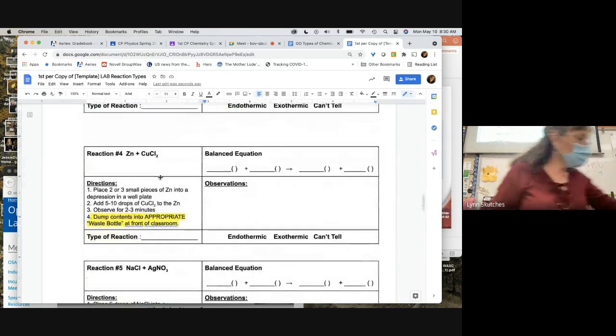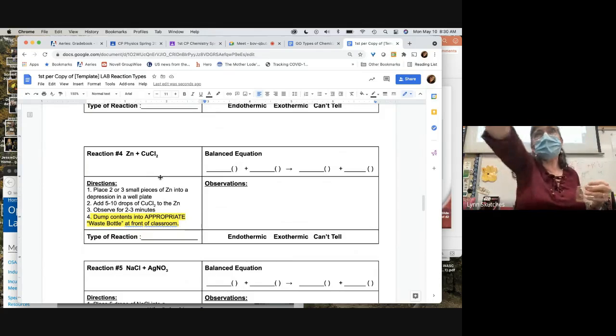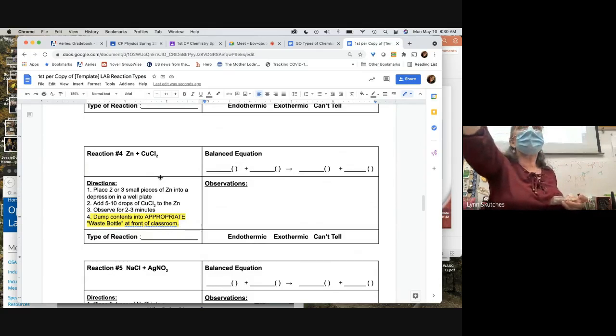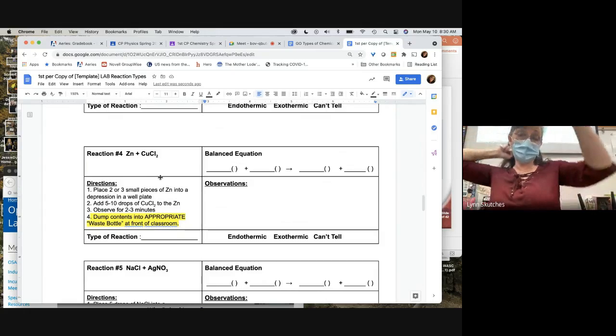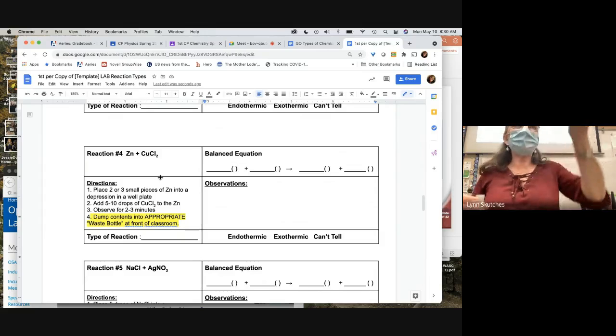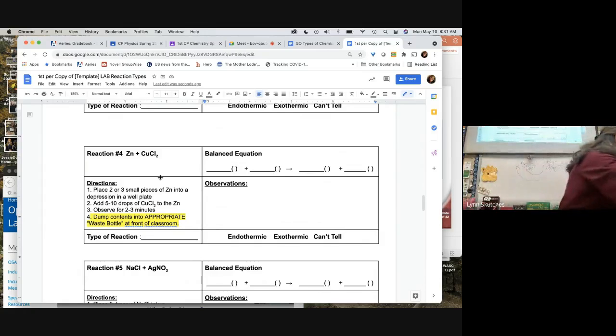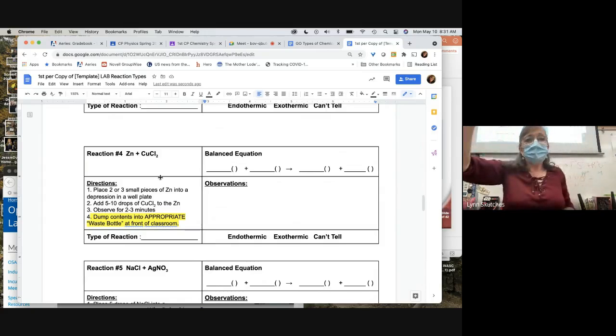Zinc and copper chloride. You're going to look in this little container. There's some zinc at your things, and then there's a well plate. And so you're just going to put a little bit of zinc in here, and zinc is not reactive. You can just touch it, just put a little bit into the well plate, and then you're going to add 5 to 10 drops of the copper chloride.